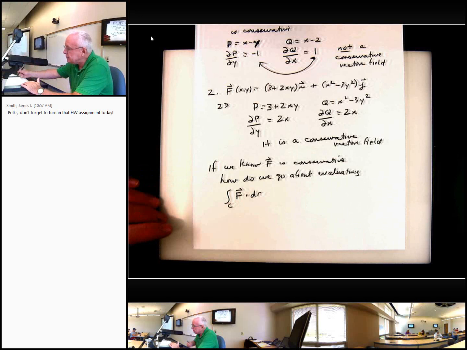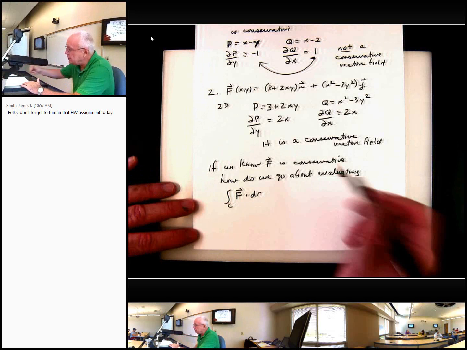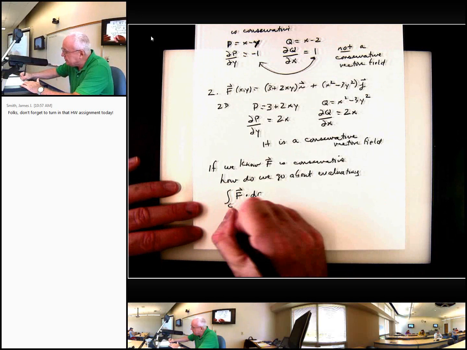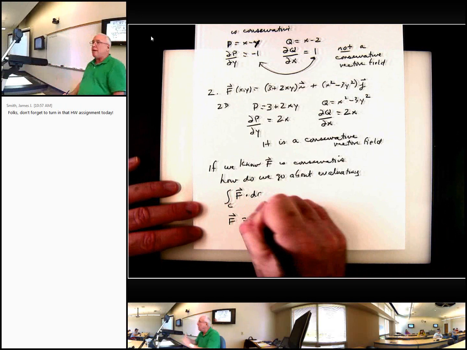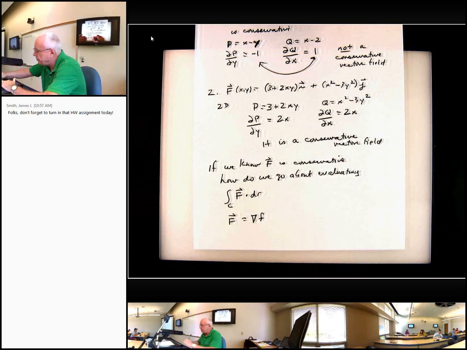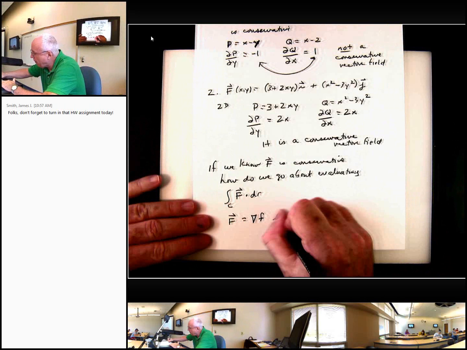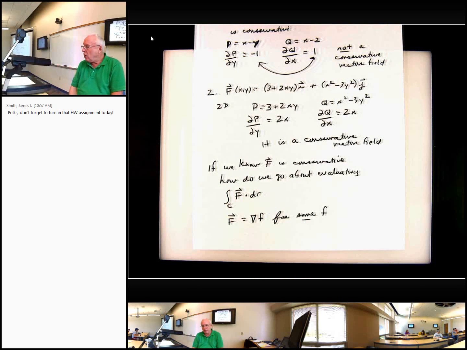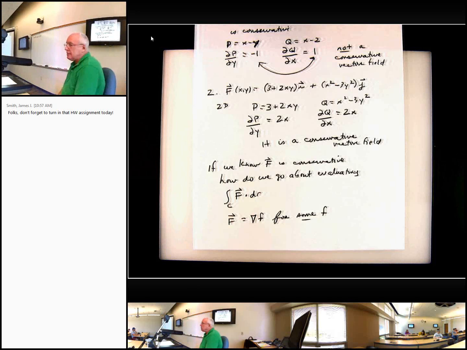So the thing is, if it's conservative, then we know that F is equal to the gradient of some little f.